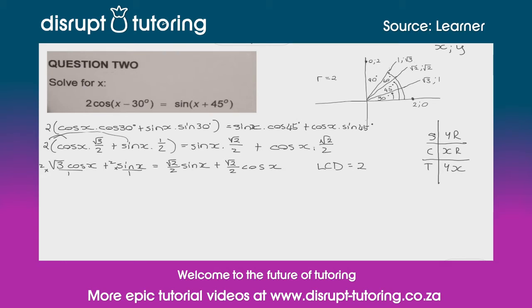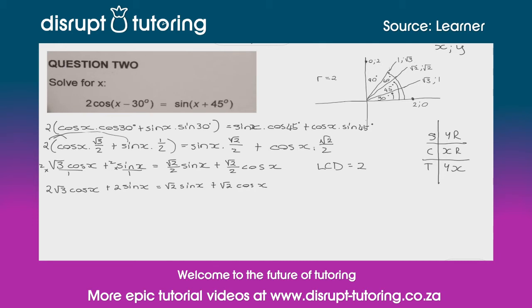Now that the denominators will be the same, I'm not going to rewrite them when I write the answer out, because they are all the same, so they can be dropped. So that'll leave us with 2 root 3 cos x plus 2 sin x is equal to root 2 sin x plus root 2 cos x.